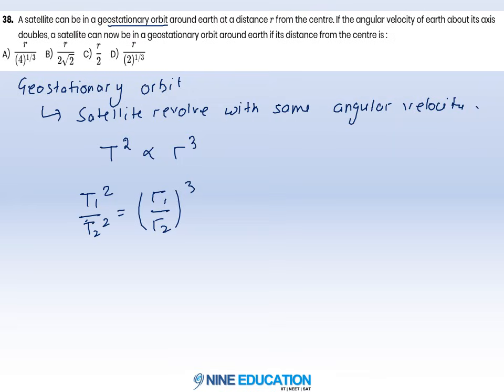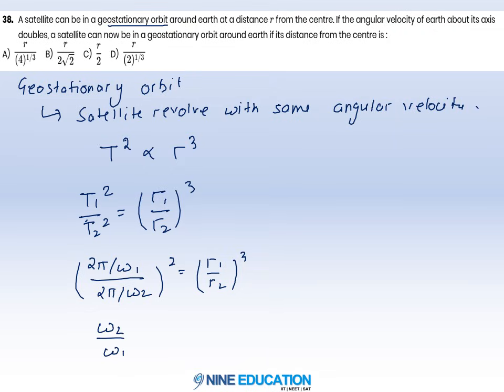And time we can write in angular frequency like this: (2 pi upon omega 1) upon (2 pi upon omega 2) whole square equals to r1 upon r2 cube. So we will get omega 2 upon omega 1 equals to (r1 upon r2) to the power 3 by 2.